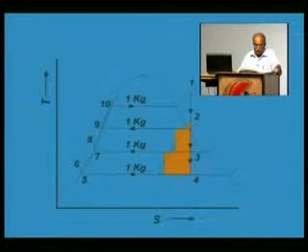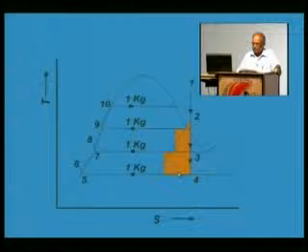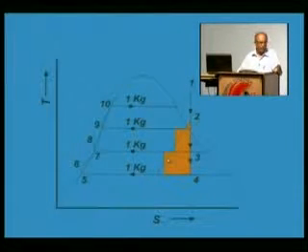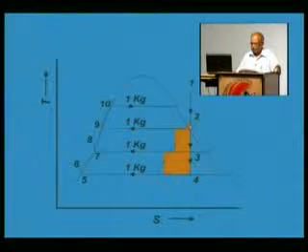This diagram shows that if we use a large number of stages, this line can represent the expansion process in a regenerative feed water heating cycle. In actual practical regenerative feed water heating, the area is like this, and this is almost the same as the area of a Carnot cycle.